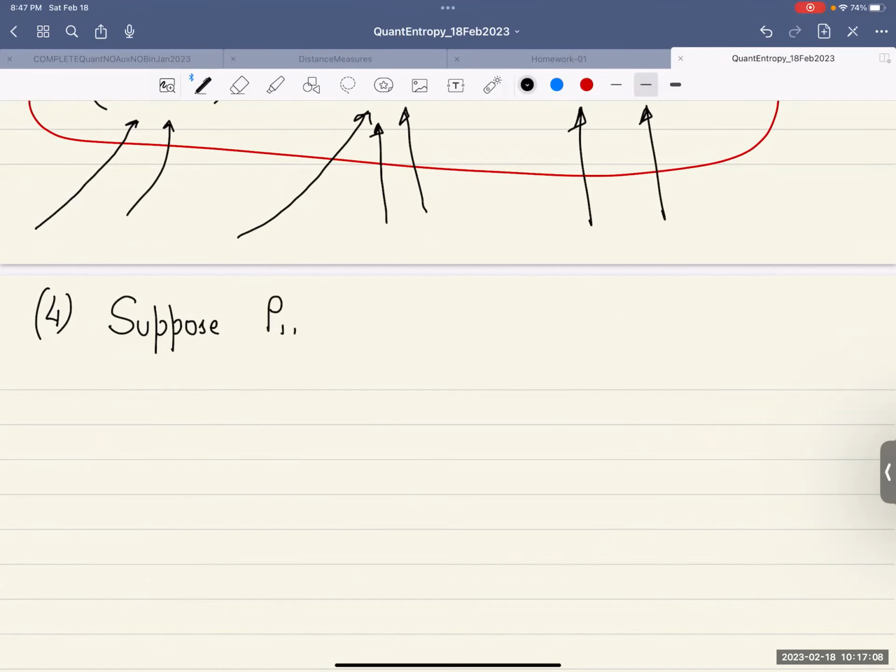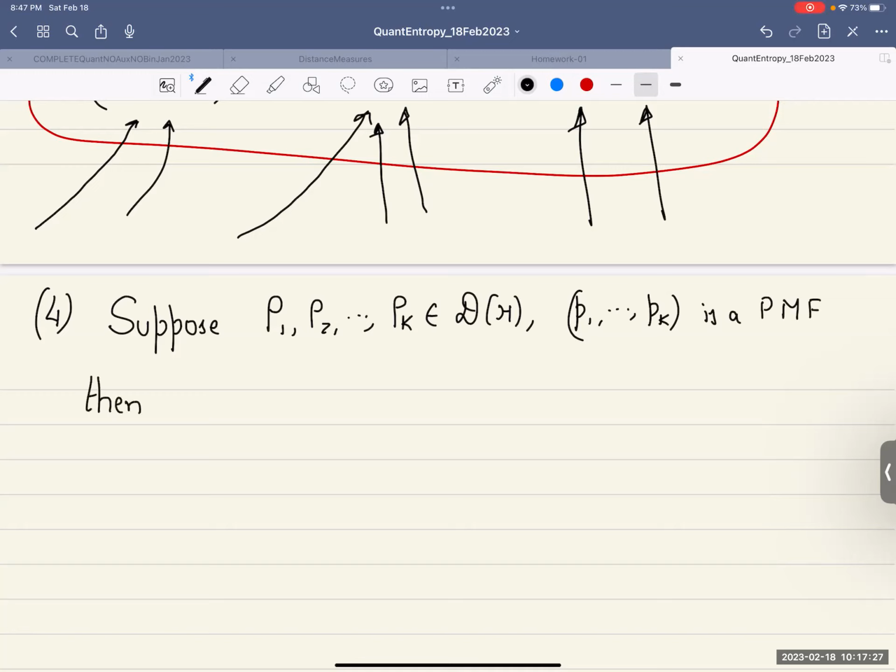Suppose rho 1 to rho k are in D of H, P1 to Pk is a PMF, and vi belonging to H, i from 1 to k, are orthonormal.